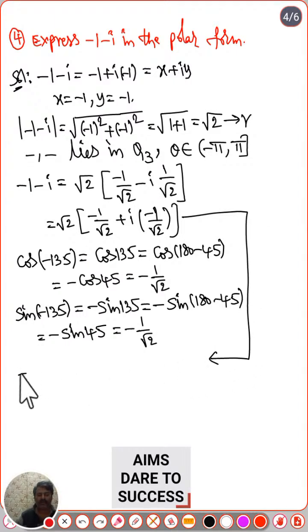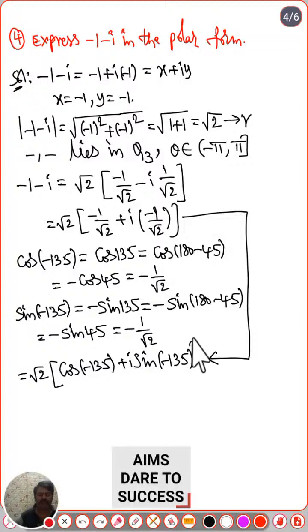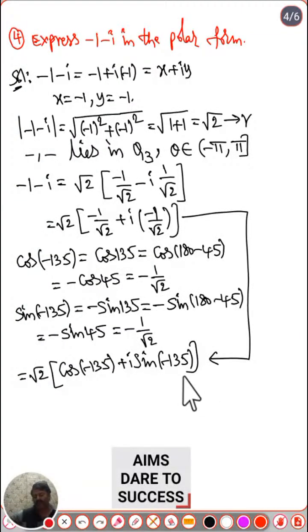So it is root 2 into cos of minus 135 plus i into sin of minus 135. This is the required answer.